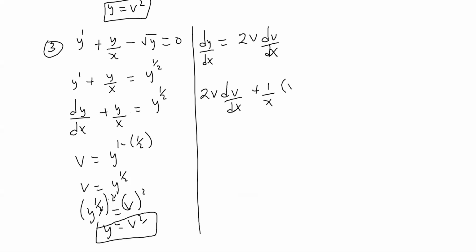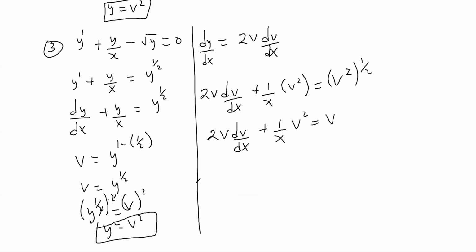What is y? y is v squared, so it becomes v squared raised to the half. So I know that 2 times 1 will give me 2, 2 divided by 2, I will have 1. So I will have 2v dv by dx plus 1 over x times v squared will be equal to v.